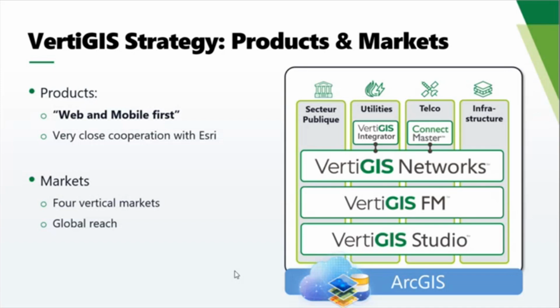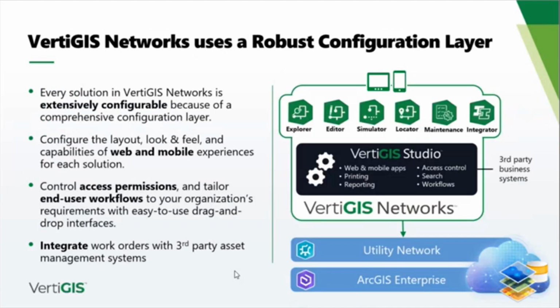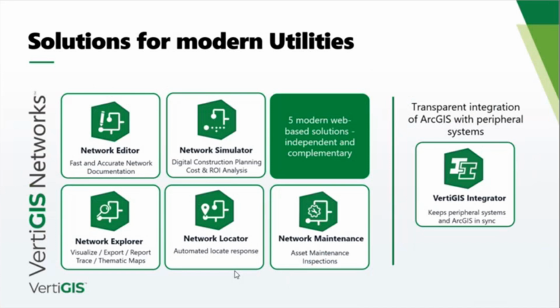So in terms of VertiGIS Networks, our utility applications, there we are based on ArcGIS Enterprise, Utility Network, and then VertiGIS Networks allows configuring according to the end user needs. And so for VertiGIS Networks, we have designed 5 modern utility apps.